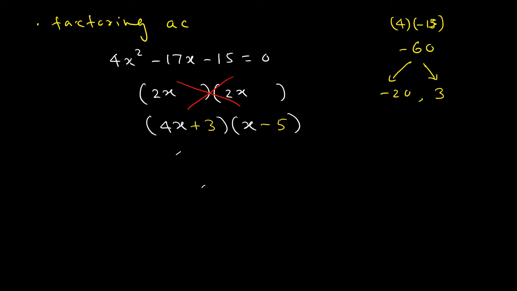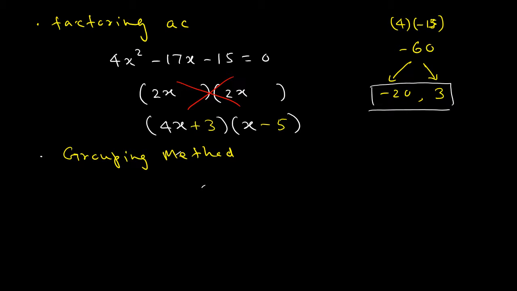Good. And then let's talk about the grouping technique. So in the grouping method, what we're trying to do is use the same numbers here. So we use the exact same numbers.